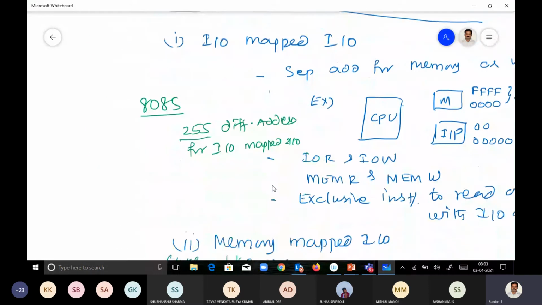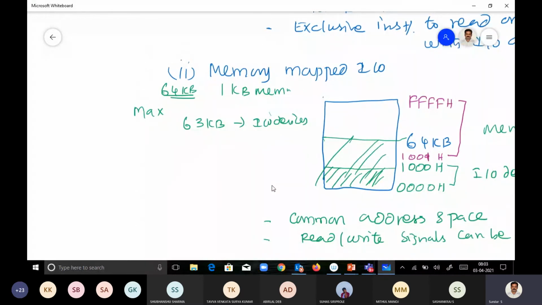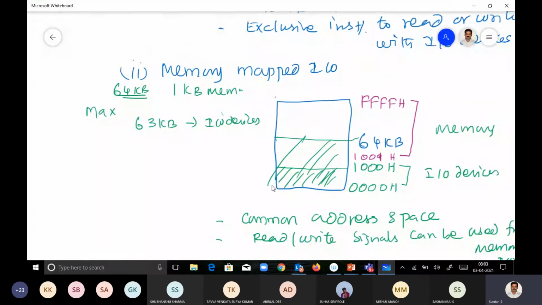A few locations of memory, for example like this, the addresses in this range we are using for IO devices. So these addresses refer to IO devices. The remaining addresses of memory can be used as memory.